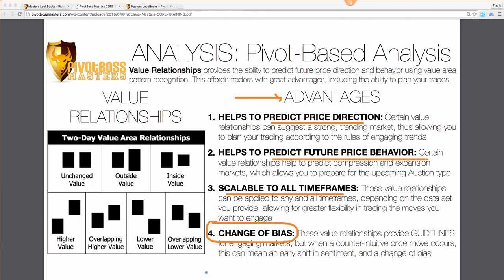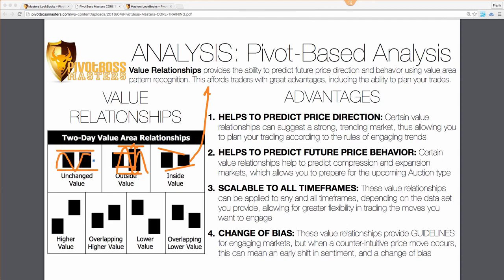This analysis helps you identify a change of bias. And so when these relationships develop, an inside value relationship is a coiled relationship that implies a breakout, one way or another. An outside relationship implies a market that is range bound and more trading range bound, larger.